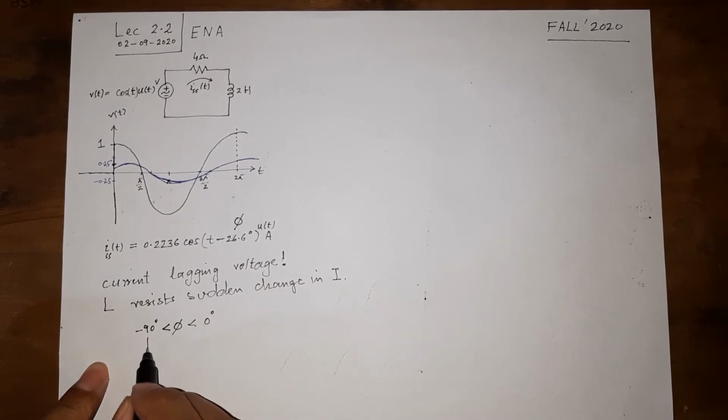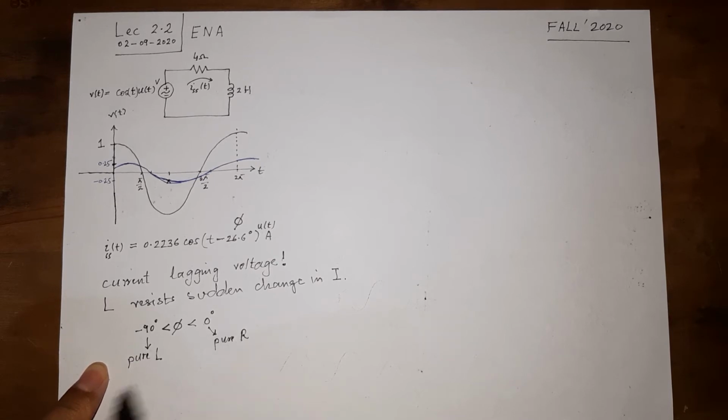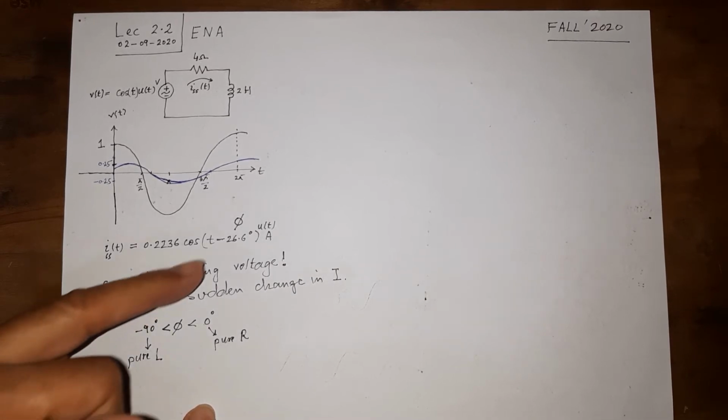So this is the case of a pure inductance, and this is the case of a pure resistance, and it satisfied my intuition, and I hope you understand this as well.